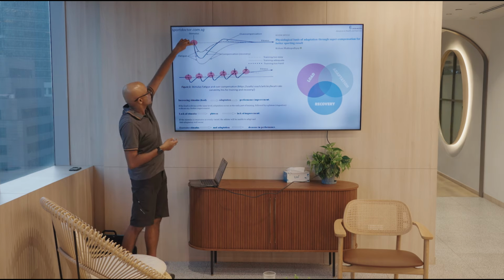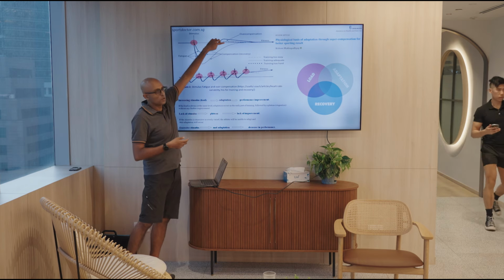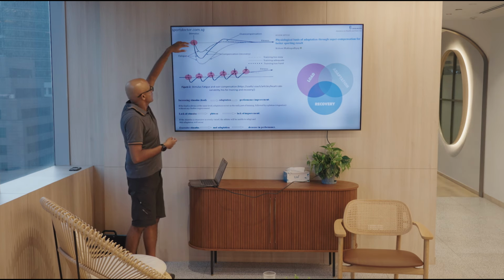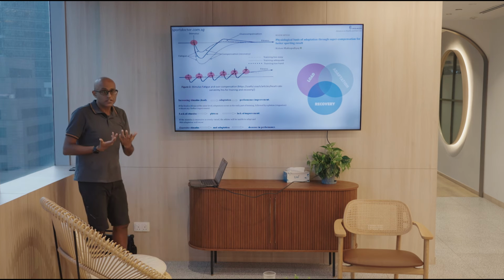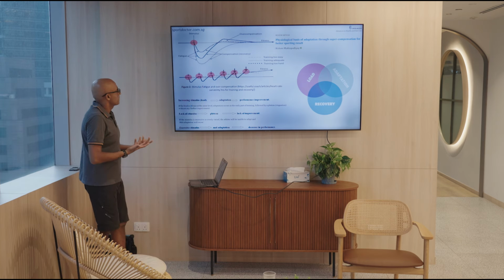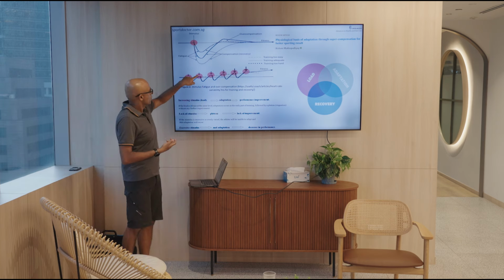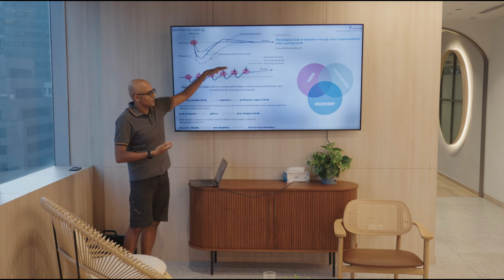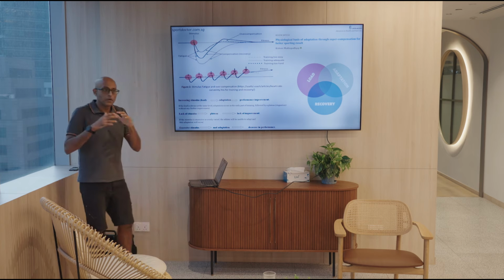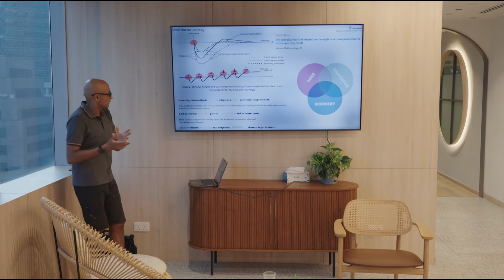Now, if the training is too easy, you can see that overcompensation is less, and if the training is too hard, you are at higher risk of injury, okay? Over time, what happens is it's a bit like a cycle. You have to keep pushing to get to the point where you want to aim for, okay?